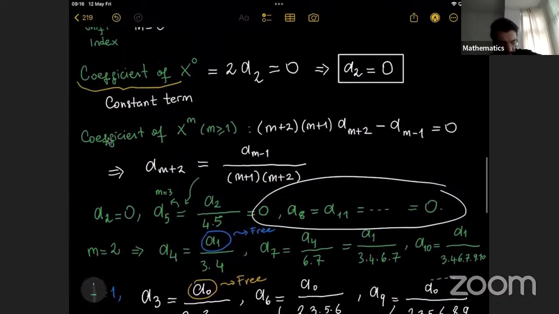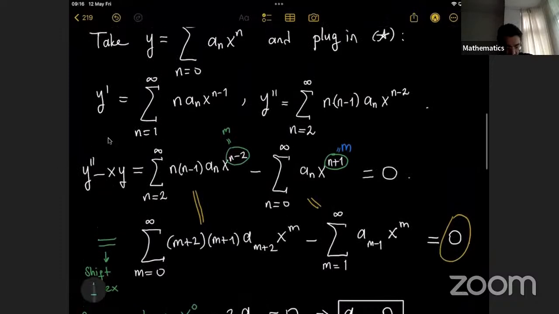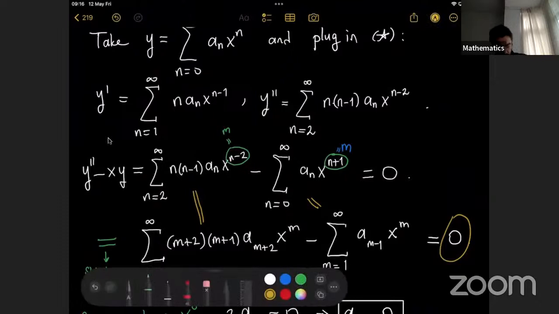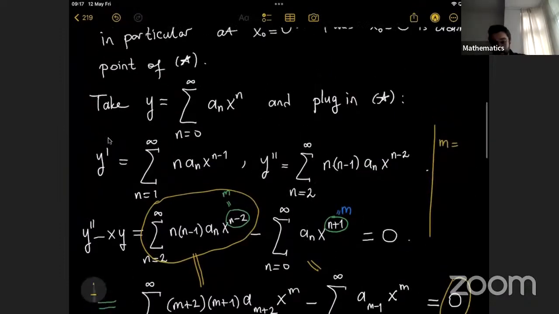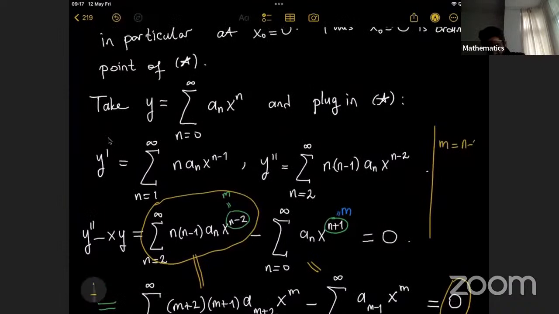Okay, let's see. Here we shift the index. So what I said in the first one, for instance, we are looking at this one. In this one, we say n minus 2 is equal to m. When m is equal to n minus 2, that means n is equal to m plus 2, right?